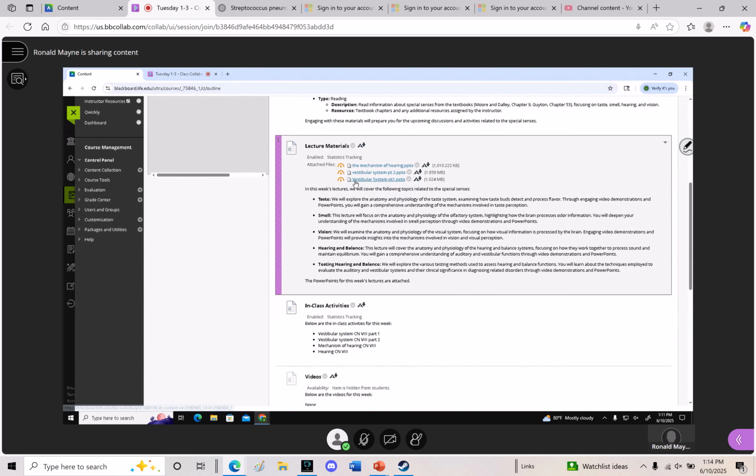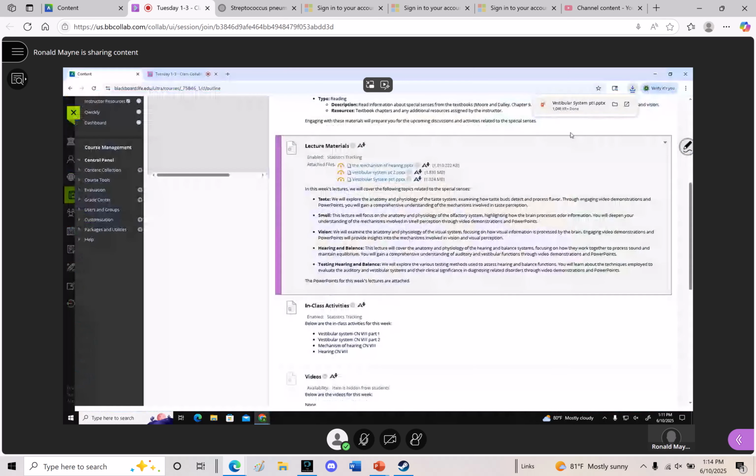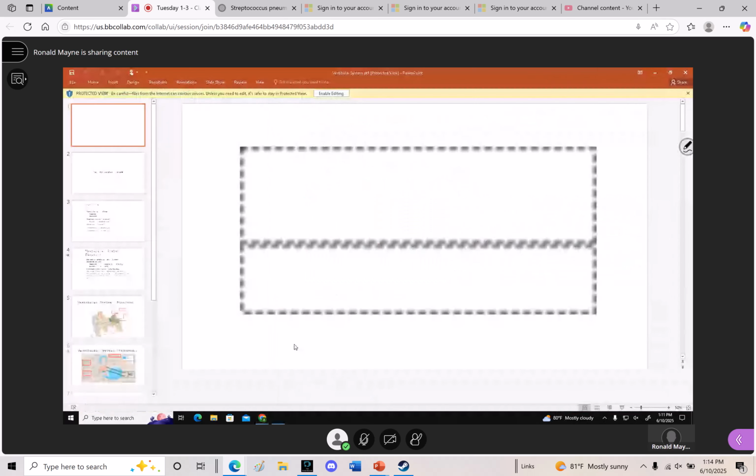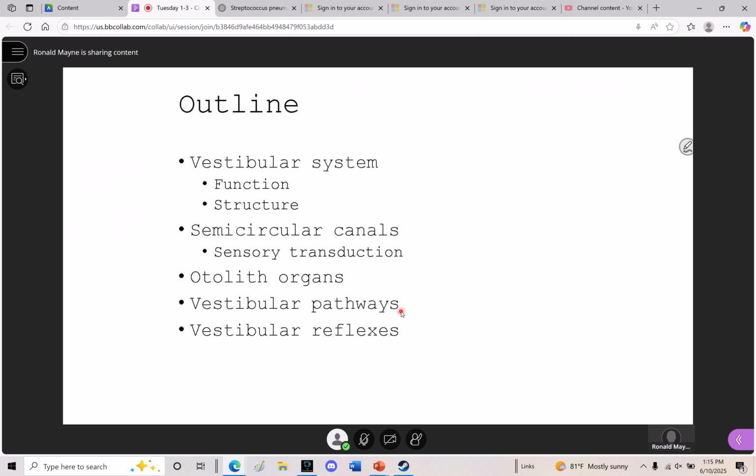Okay, I'm going to start with vestibular system part 1. In general, outline.